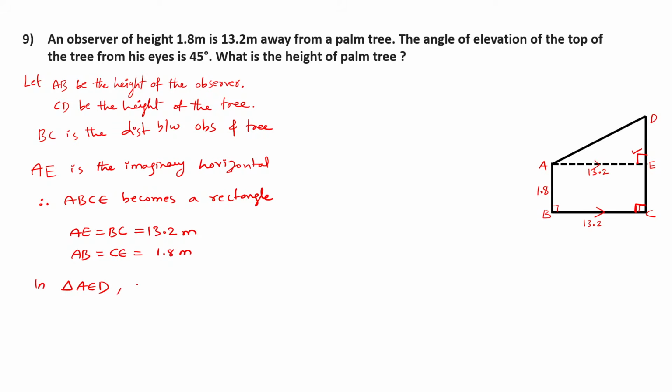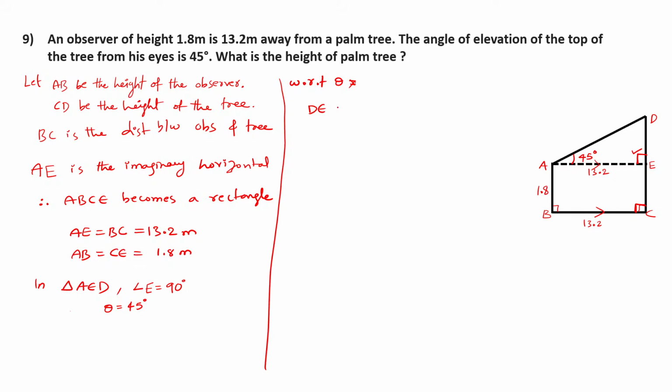Now in triangle AED, we have angle E equal to 90 degrees. Let me check. Now with respect to the question, we have theta as 45 degrees. So theta is equal to 45 degrees. Now with respect to our acute angle in the triangle, let us see what we have.